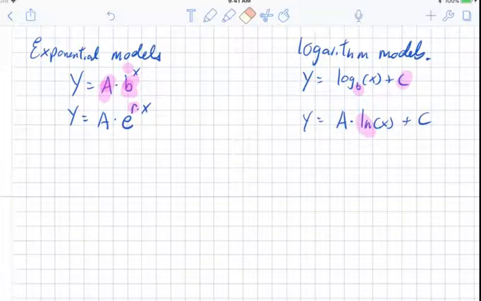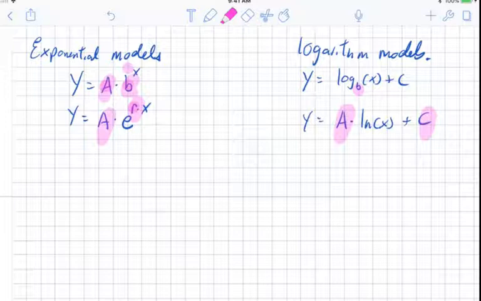Essentially what these model word problems come down to is, figure out what A is, figure out what C is, or they'll say it's an exponential, figure out what A is and figure out what R is, and then solve the problem. So like I said, it's not as tricky as it seems.